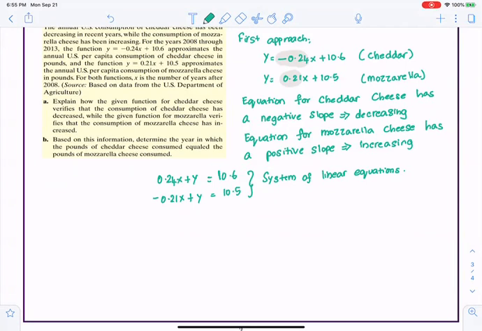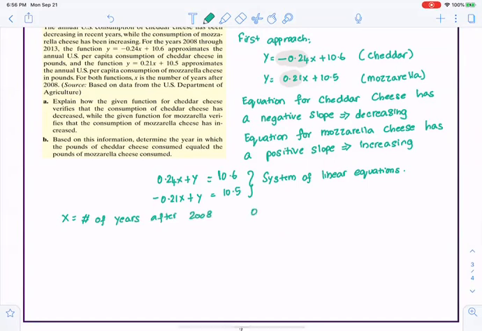But we want to know what x and y are prior to even solving for the variables. So if you read the question, you will see that x is the number of years after 2008.